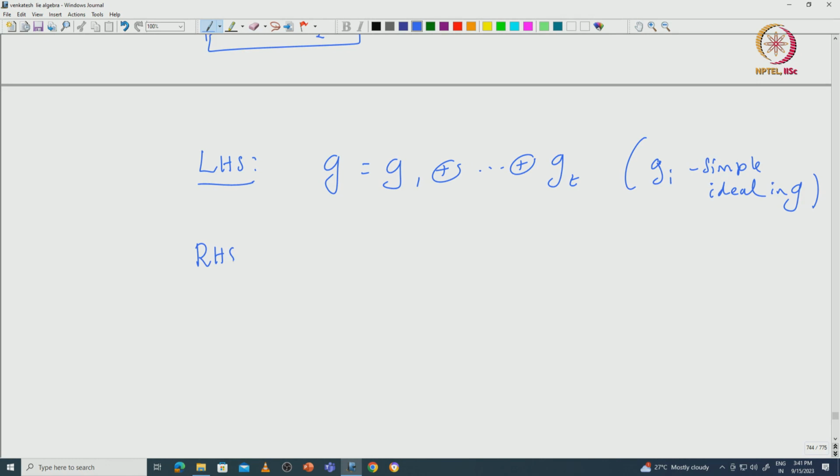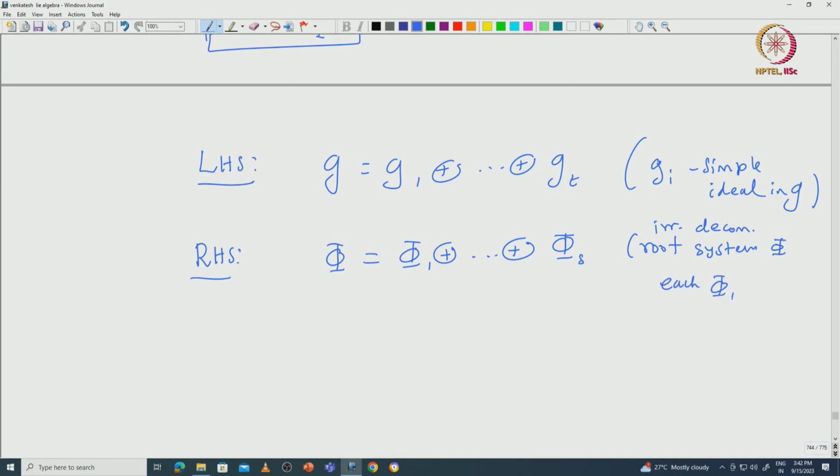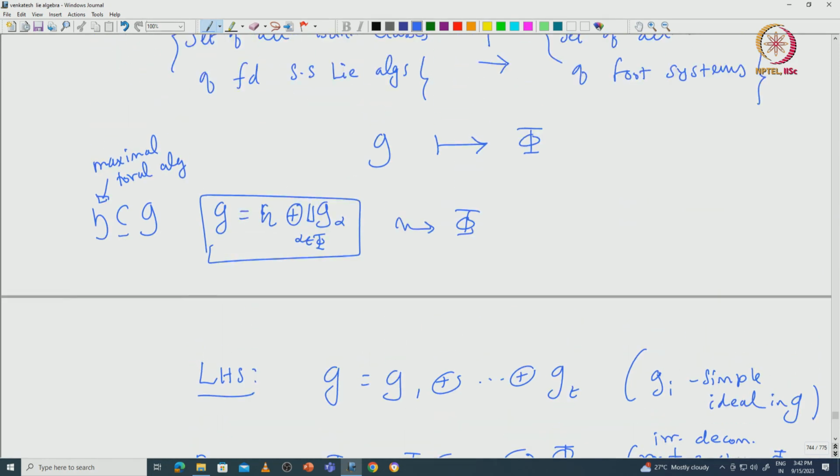On the right hand side, we have the irreducible decomposition of phi. You can write phi as a direct sum of irreducible root systems, so each phi i is irreducible inside phi. We want to compare these two decompositions and see what corresponds to what.